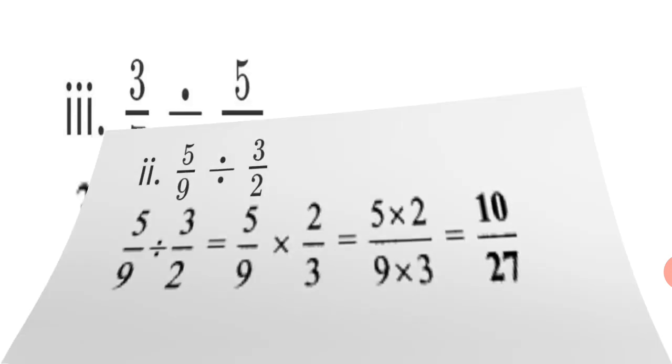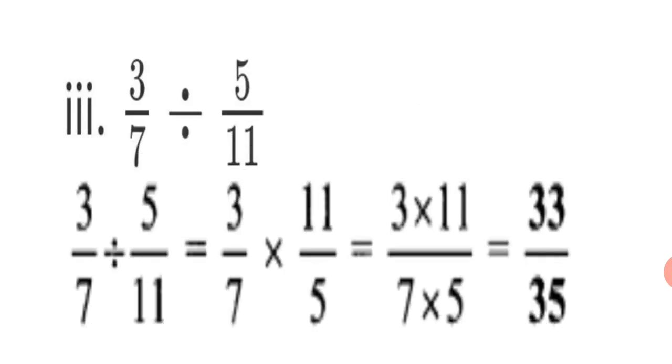Third sum, 3 upon 7 divided by 5 upon 11 is equal to 3 upon 7 into 11 upon 5, which is equal to 3 into 11 upon 7 into 5. This equals 33 upon 35.